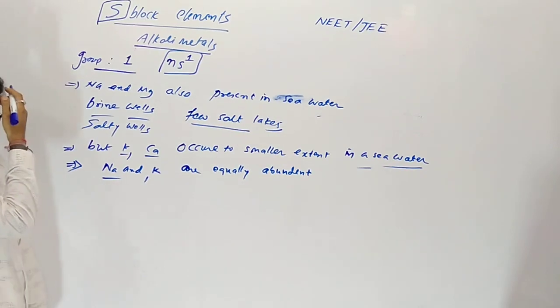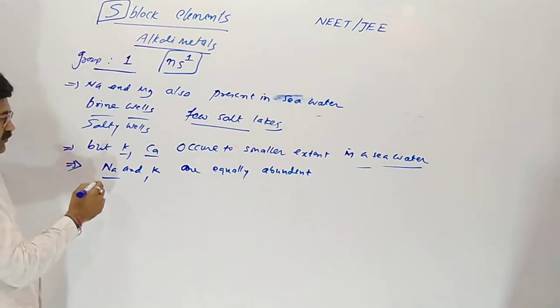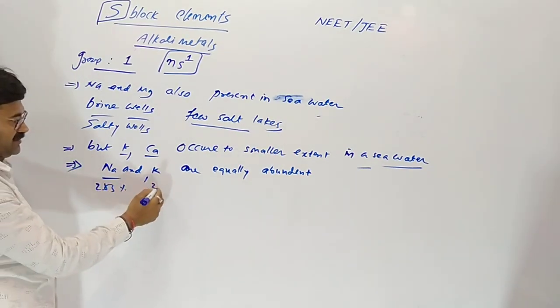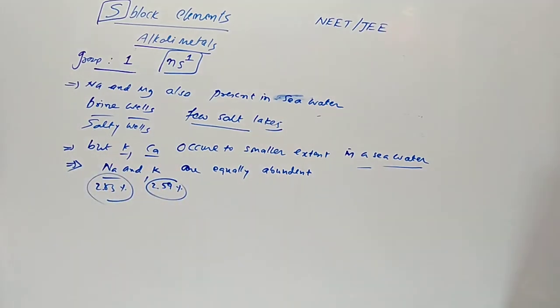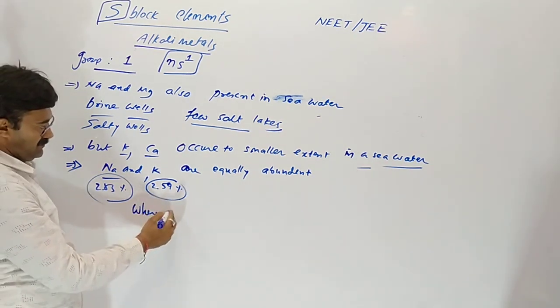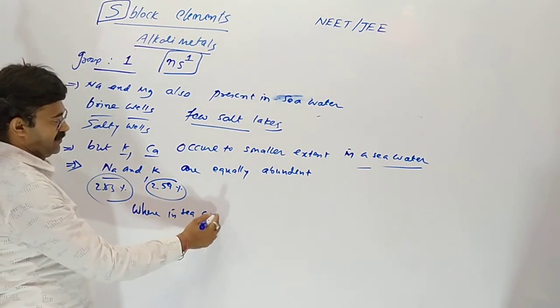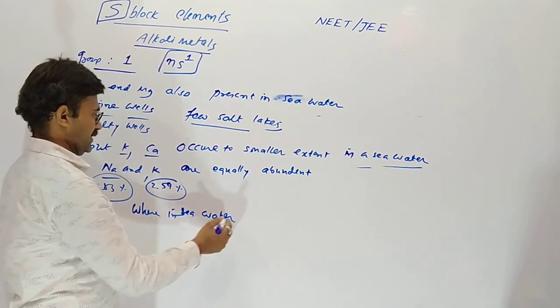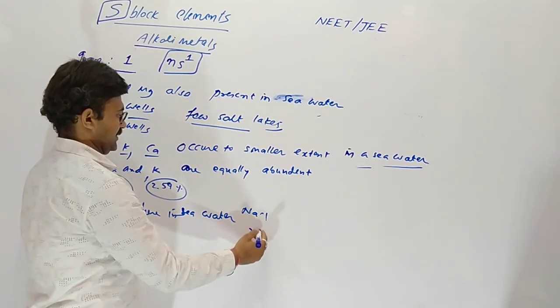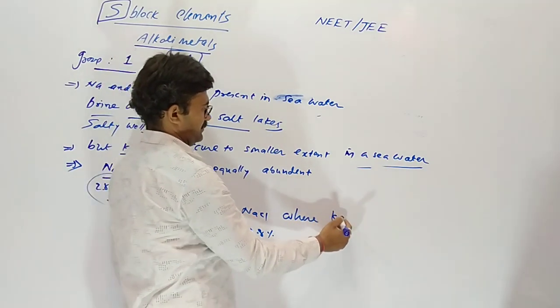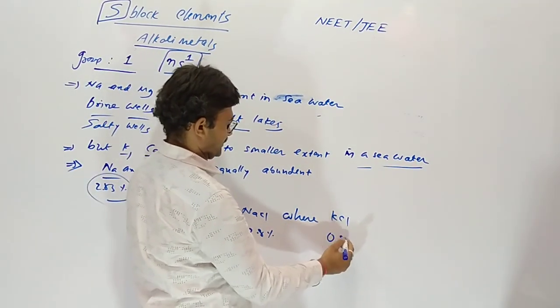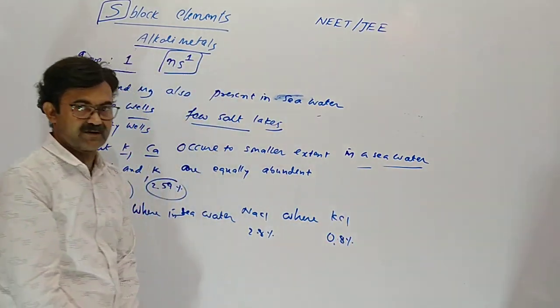The percentage of sodium in our earth crust is 2.83%, and of potassium 2.59% by mass, whereas in sea water the amount of NaCl is 2.8% and the amount of KCl is only 0.8%.